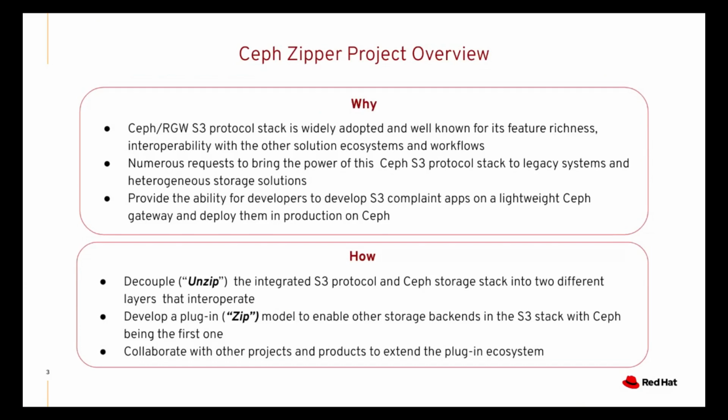The way we decided to do this was we decided to decouple the protocol layer of RGW from the storage layer of RGW, which we called unzipping it, and then develop an API that cuts the entire way across RGW so that above it is protocol and below it is storage, so that we can add in other plugins that provide storage for the existing protocol systems such as S3.